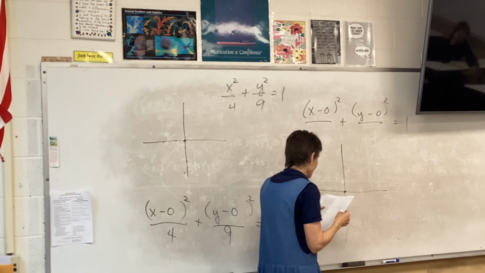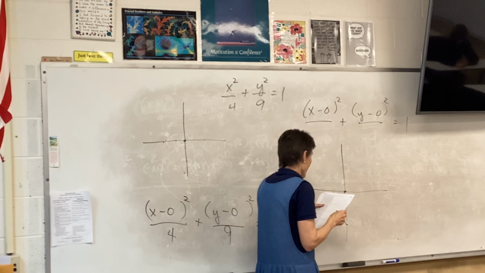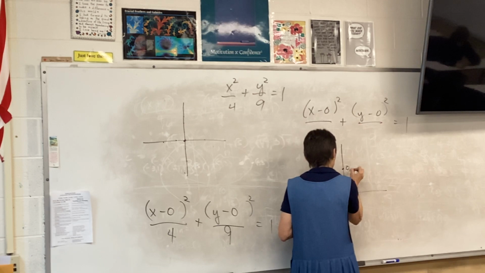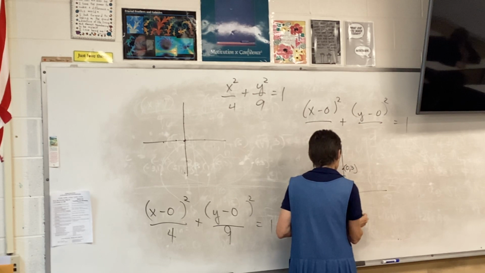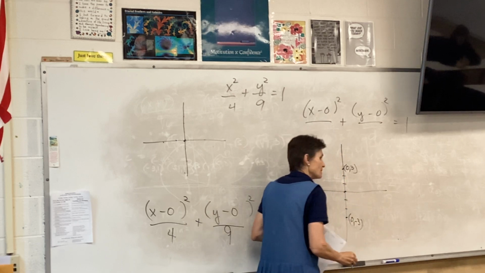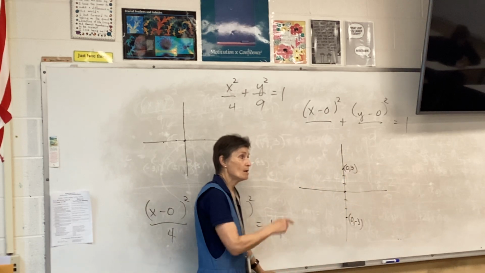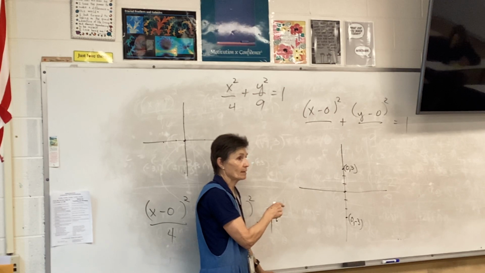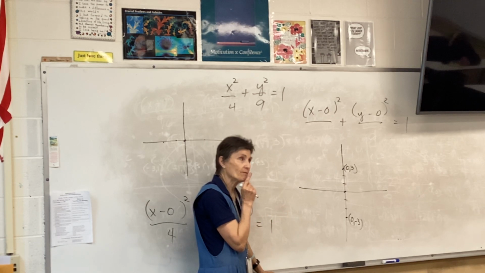The major axis is 10, and the foci are here. Okay, now wait a second. That actually gives me some important information. Those aren't vertices, those are foci. But what do I know about my focus points?